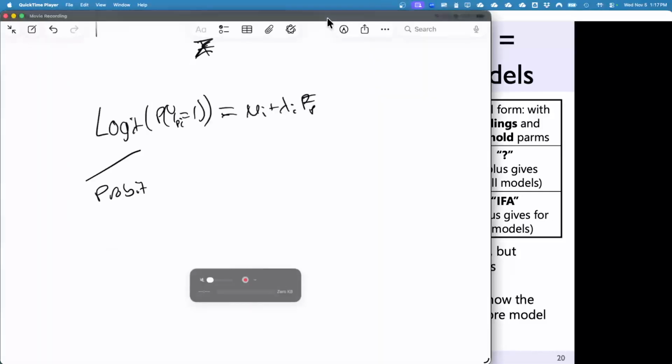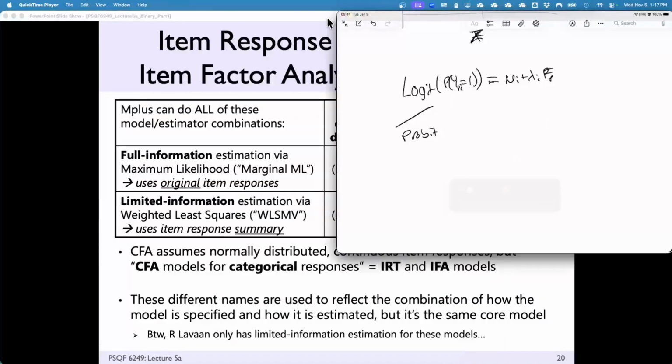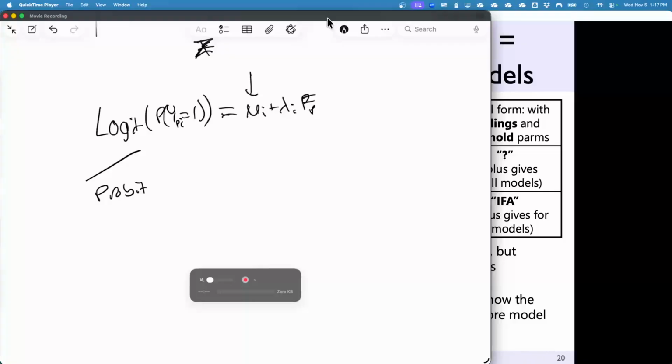The linear predictor has an intercept and a factor loading. So this is item factor analysis right here.